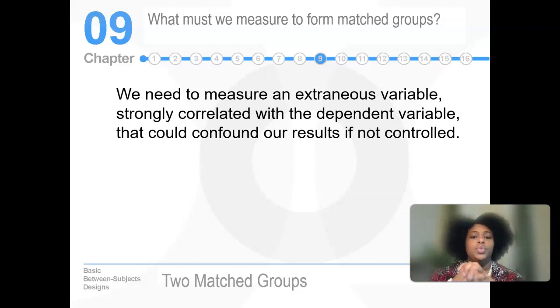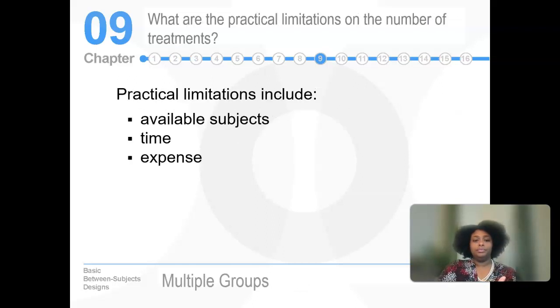We need to ensure that we measure and predict any extraneous variables, as we've talked about before. We need to measure an extraneous variable strongly correlated with the dependent variable so that we can control some of those confounding results that may occur.